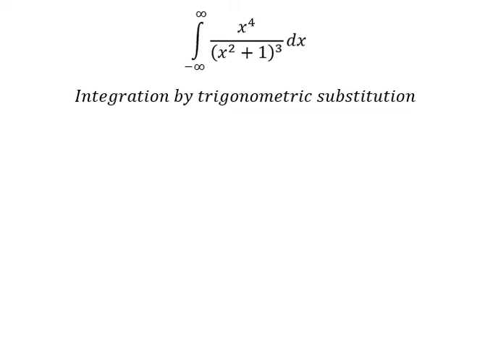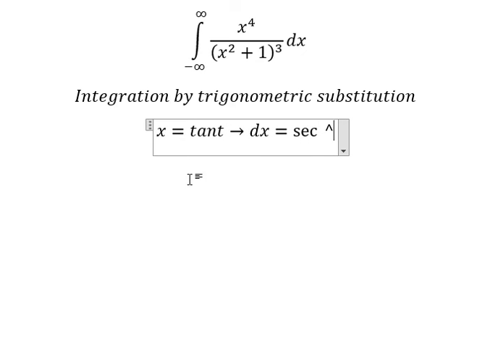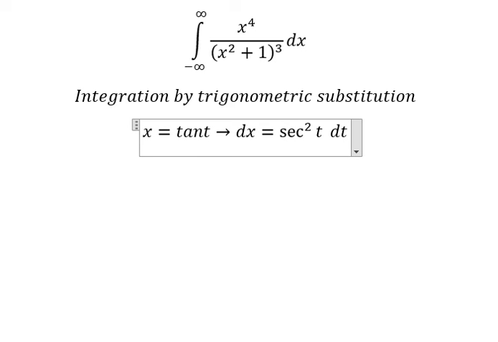So I will put s equals tan t. So for ds we have secant of t squared dt. Next, we need to change the bounds.